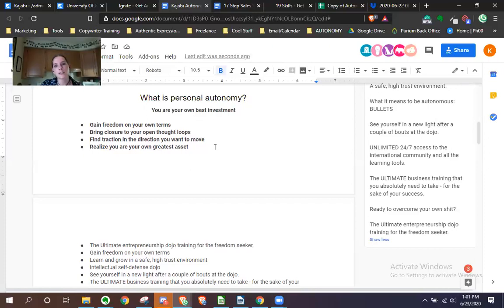Well, and here's something to think about too, is that the community aspect can pretty much be like its own section. So I guess I'm just kind of thinking about this in terms of that headline. What is personal autonomy? What do you guys think? Right.